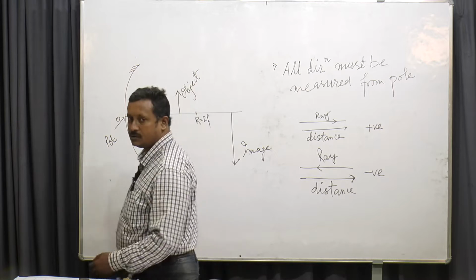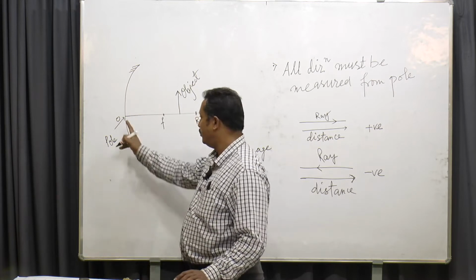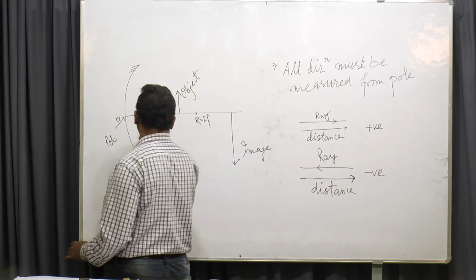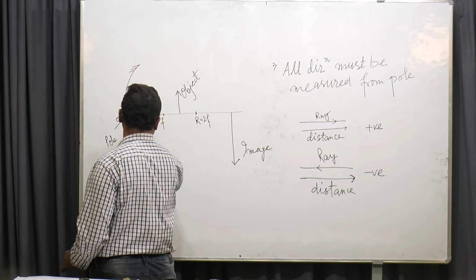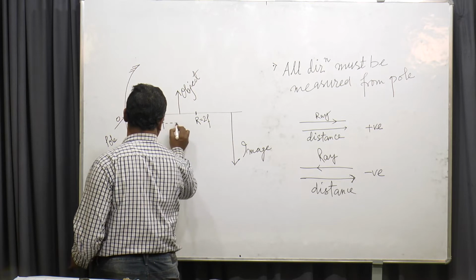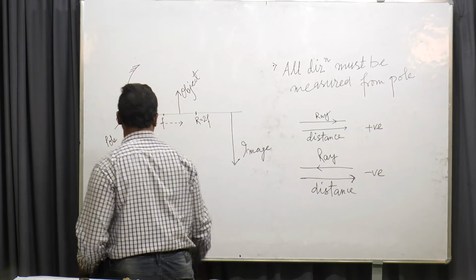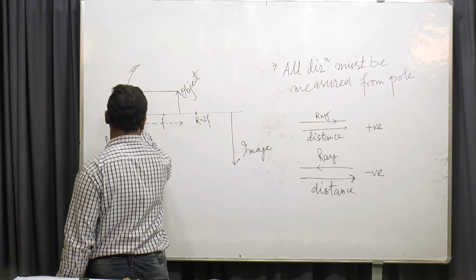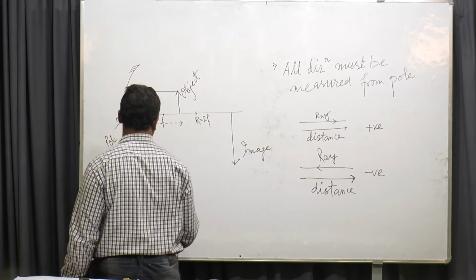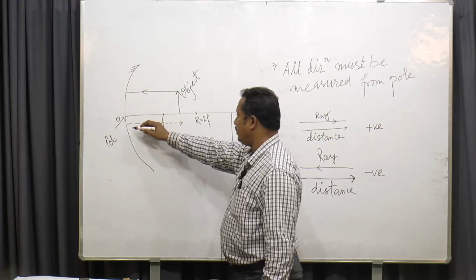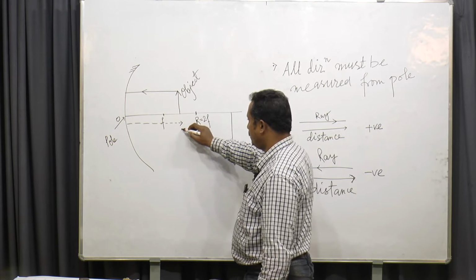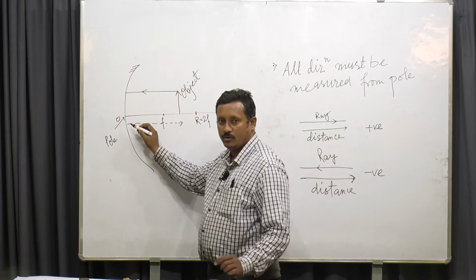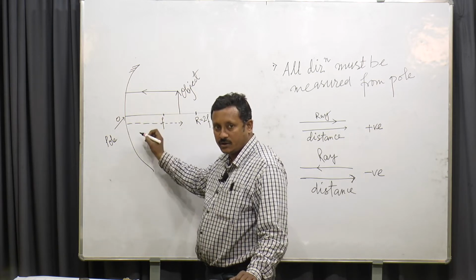So I will start my distance from the pole. Now the rays are coming from the object to the mirror, so the ray direction is like this. As I am going against the ray direction, starting from the pole, my distance will be negative.